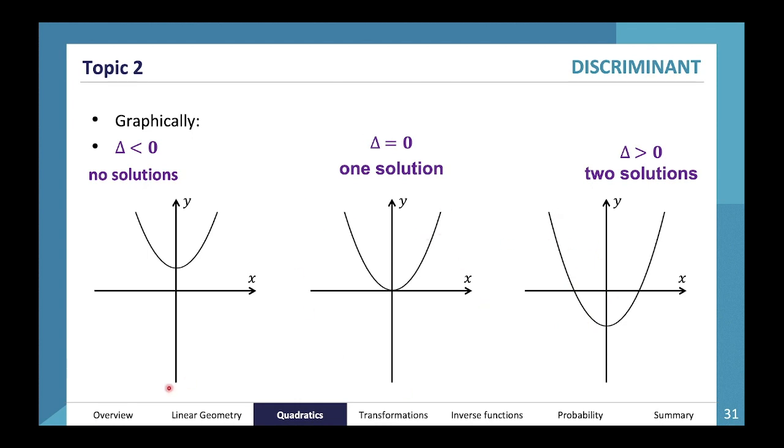This term here is just y equals x squared. If we try to work out the discriminant for this, it's going to be b squared minus 4ac. This doesn't have a b squared term or a 4ac term, so it's just going to be 0. And that matches up with what we see.